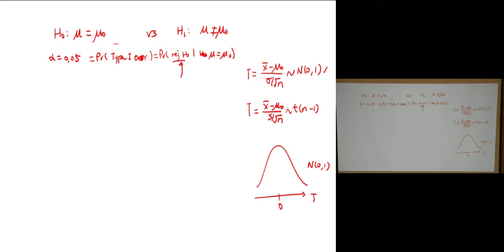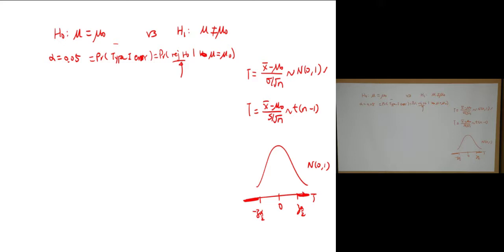We decide that if the T that you obtained from the sample is less than this number, that means it falls in this region, or falls in this region, then we make a decision to reject the null hypothesis. If the T obtained from the sample falls somewhere here, then you do not reject the statement, because it's not too big.